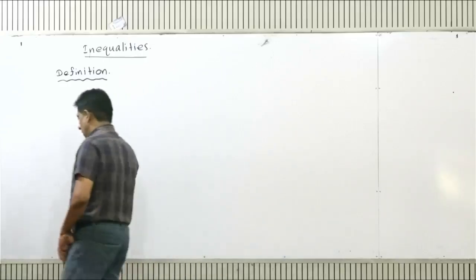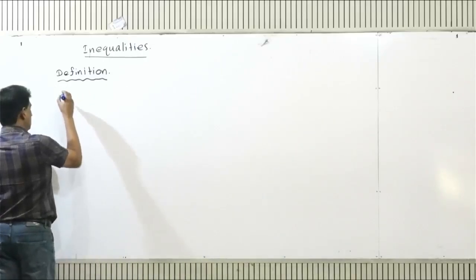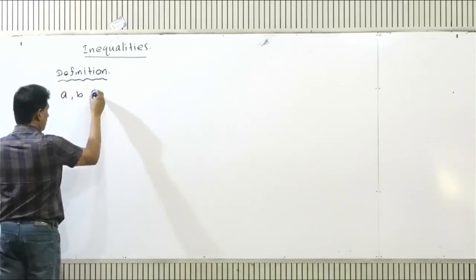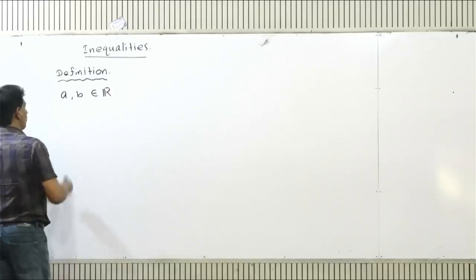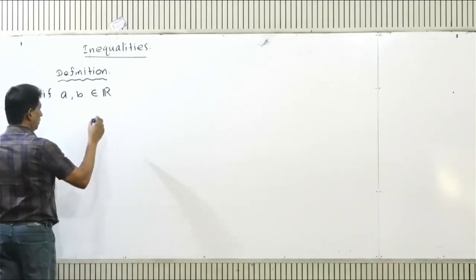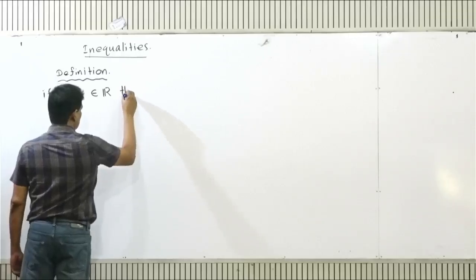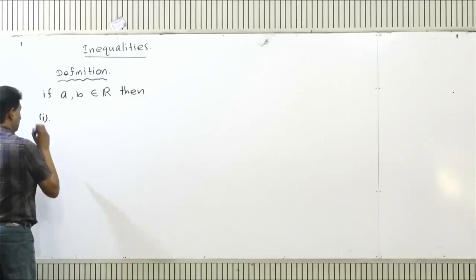So this is the definition for inequality. If a, b are elements of the real number set, then first one.